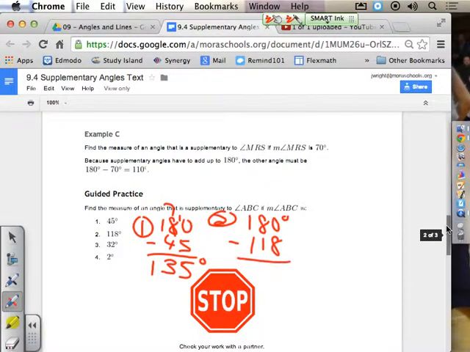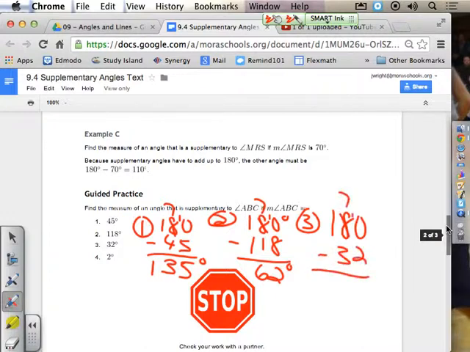Do my subtracting. Once again, borrowing. 62 degrees. Label. Number 3, 32 degrees. 180 minus 32. Borrow. 148 degrees with a label.